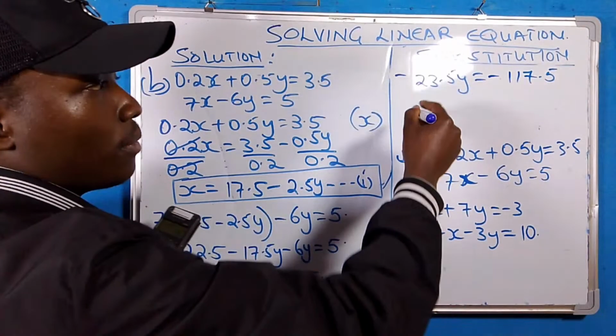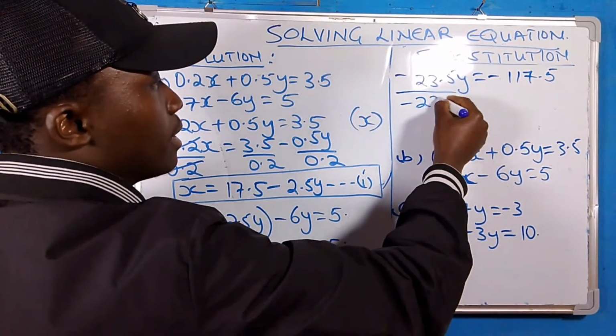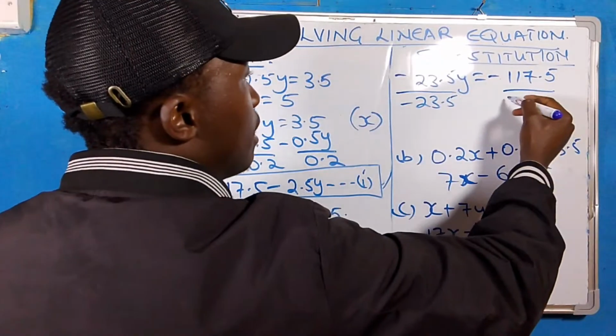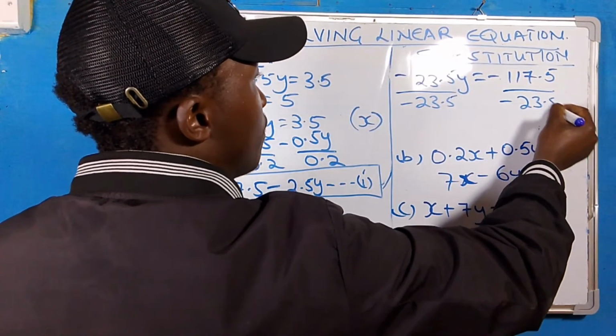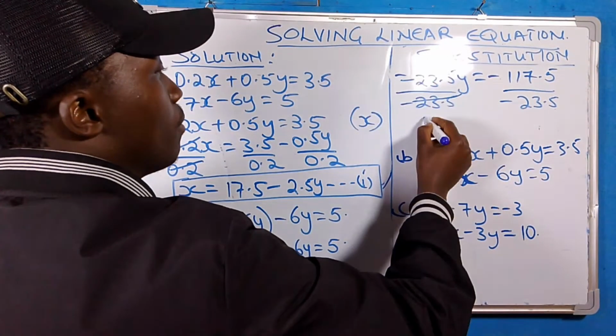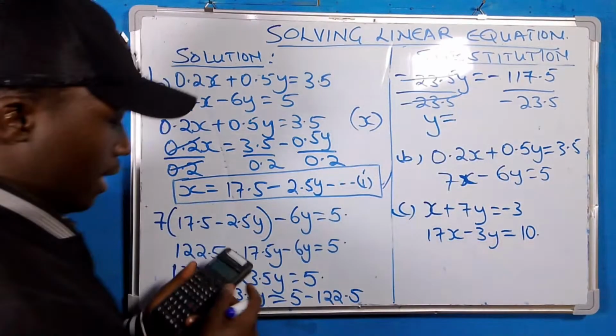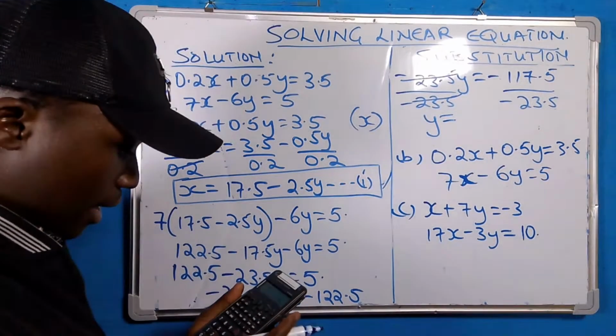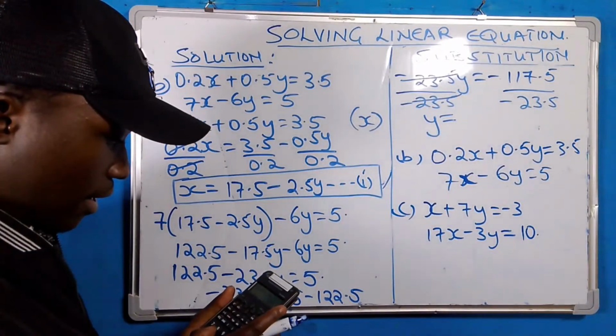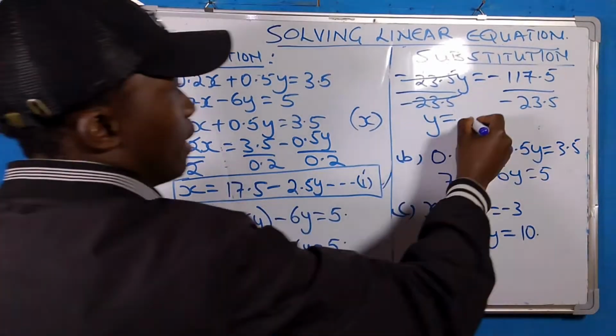To be left with y, we divide by negative 23.5, and by doing so we get y as 5.